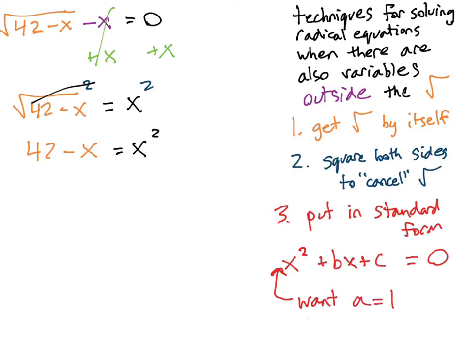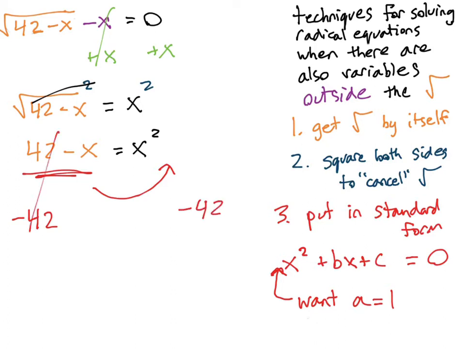So when we're figuring out in this equation up here which side of our equal sign we want to move things over to, if we move x squared over to the other side of this equation, then we would have to subtract x squared from both sides. But that would give us negative x squared, and that's going to make solving the quadratic a little bit more complicated. So it'll be easier to solve this if instead we move these two terms over to this side of the equal sign. And we can accomplish that if we subtract 42 from both sides of our equation.